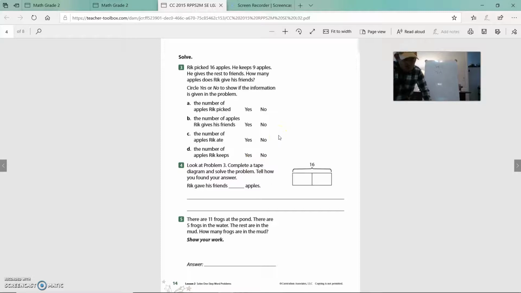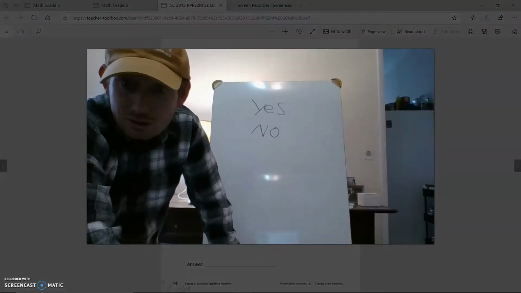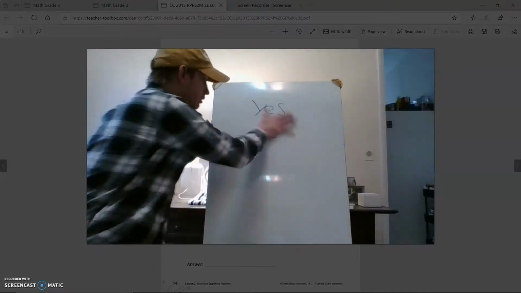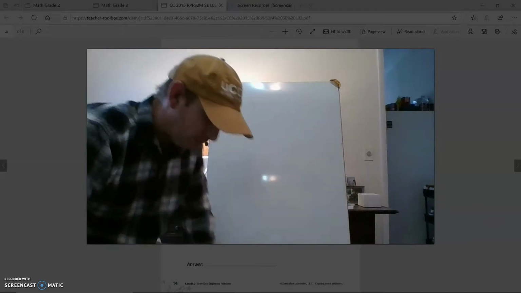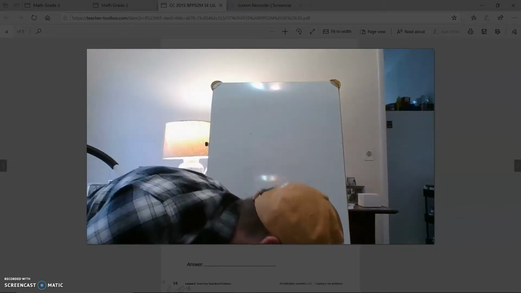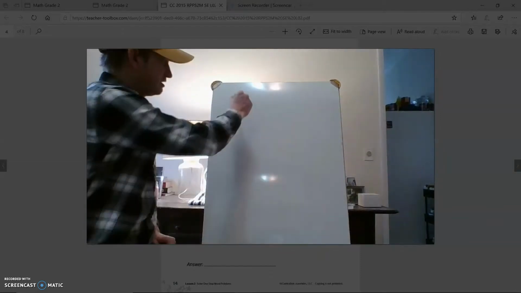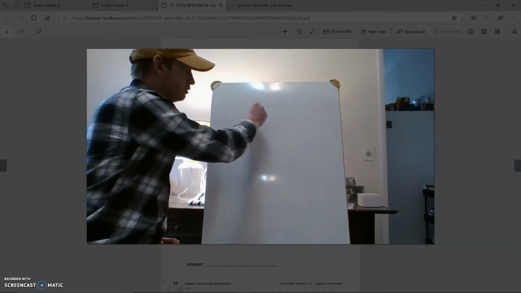Let's go over that real quickly because it was a lot. Basically, what we know here is how many apples Rick picked. He picked 16 apples.